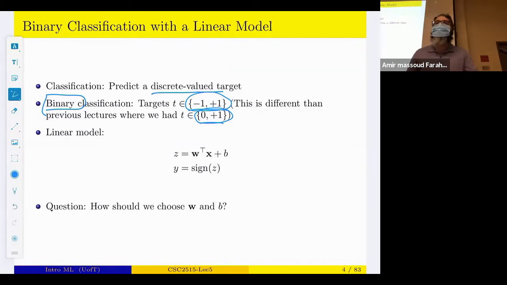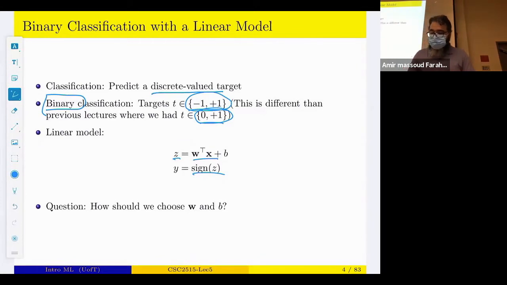So what was the linear model? We first compute z as the inner product of w and x, weight times x, and then we add a bias term, and then we compute the sign of it, whether it's positive or negative. We say it is class +1 or class -1.